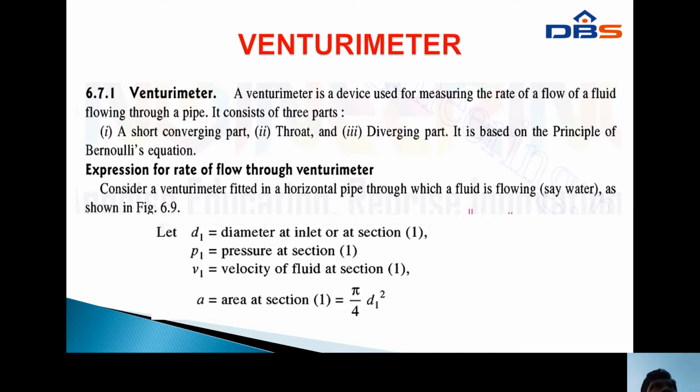Section 1 is the converging portion, section 2 is the throat portion, and section 3 is the diverging portion. In section 1, D1 means the diameter of the inlet pipe, P1 the pressure, V1 the velocity of fluid, and A1 the area, which equals pi by 4 into D1 square.